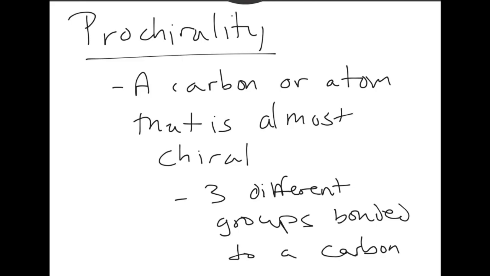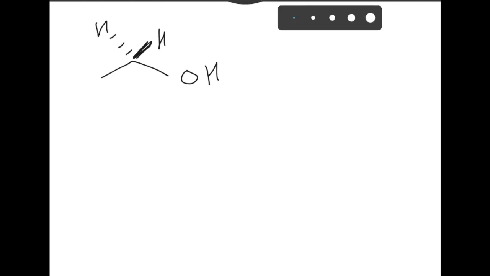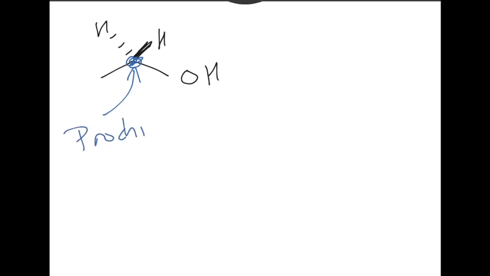The example I use is ethanol. This carbon is prochiral. If I were to change either one of those hydrogens to basically anything that's not an OH or a methyl, I'm going to end up making a chiral carbon, right? So that carbon is prochiral. It's almost chiral.